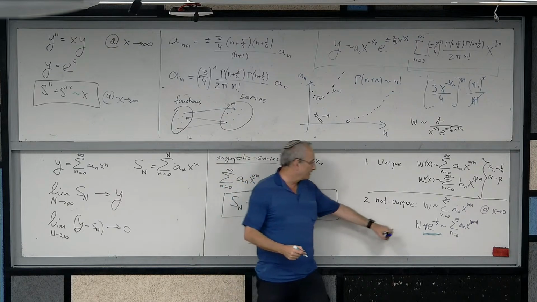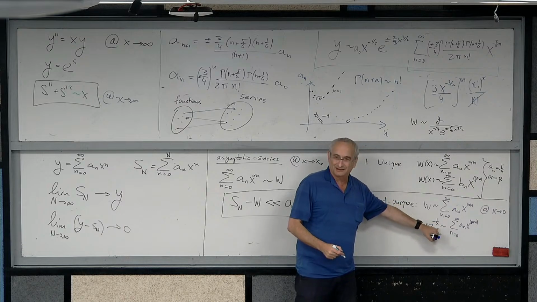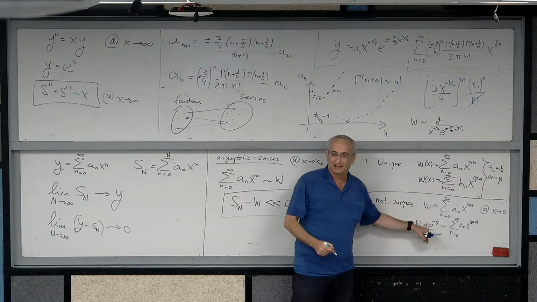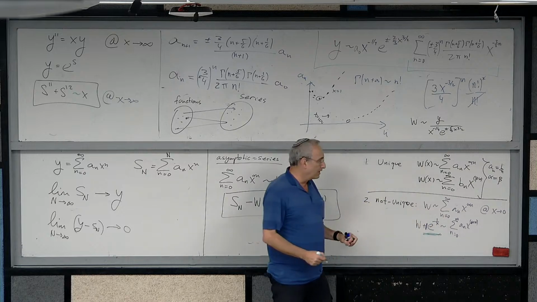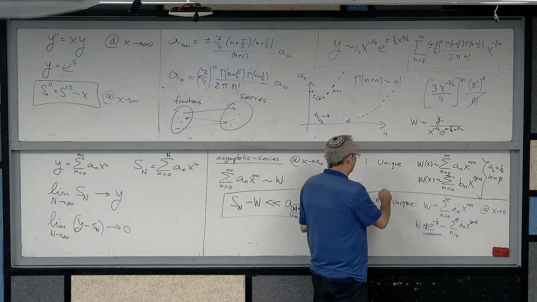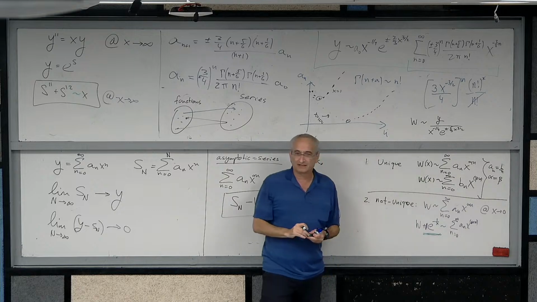If you put a huge a here, and x is 1 over 100, then maybe this is a large contribution. So this is a problem when we are using the asymptotic series with this method of optimal truncation.